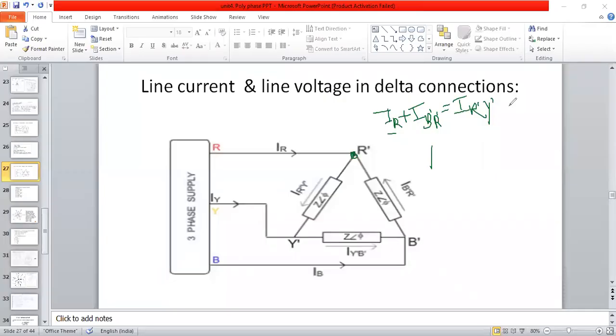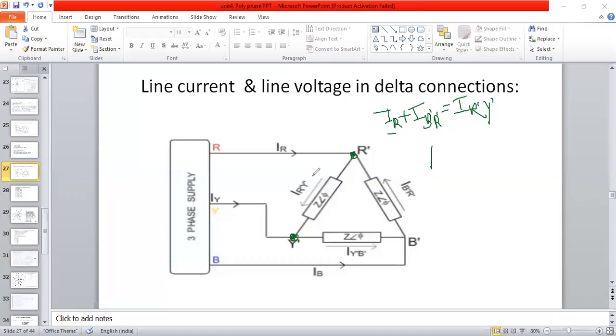Similarly, IY equal to, applying Kirchhoff's current law to the junction Y' here now. Which one is incoming?